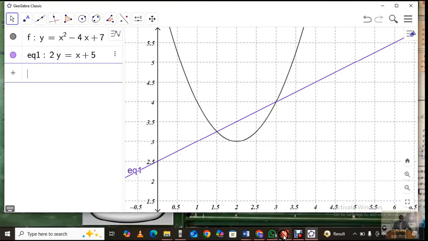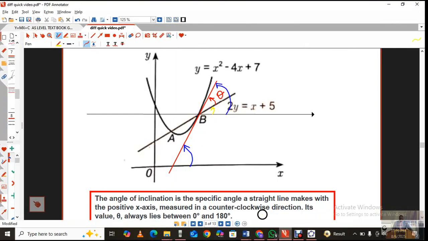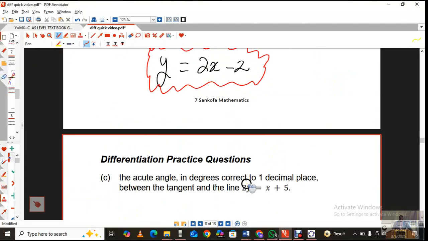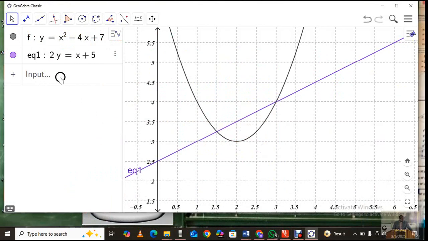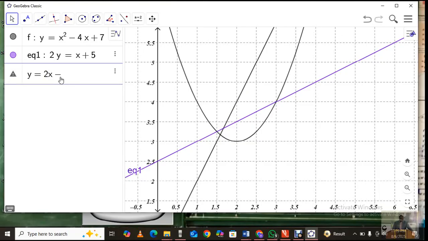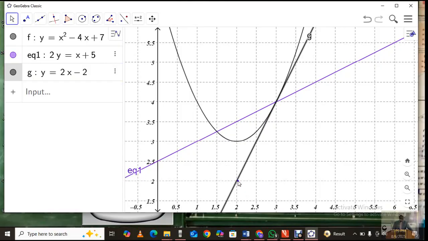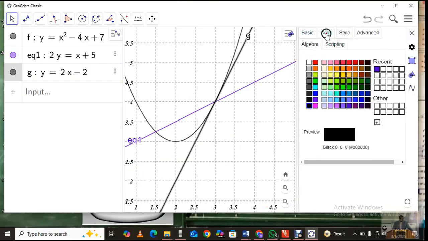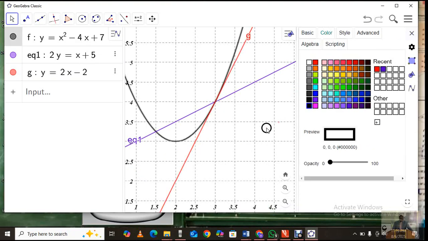If you can still remember, the equation of the tangent that we calculated was y equals 2x minus 2. There we go. Maybe we can also change the color of this one so that we don't get confused with the same coloring patterns.